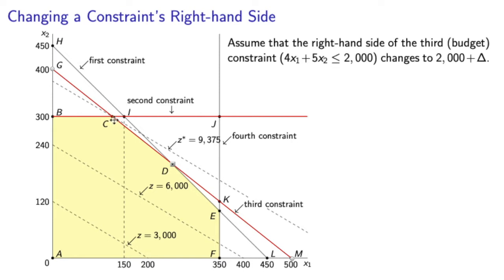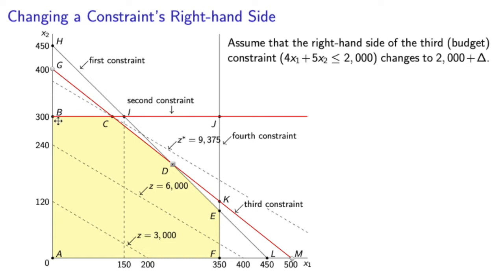Okay, so because now the lines are going to be moving, when we change the right-hand sides, the coordinates of the intersection points are going to change. So when we say point C now, what we mean by that will be not the particular coordinates of the point C, but the fact that we are talking about the point on the intersection of the lines corresponding to the second and third constraint.